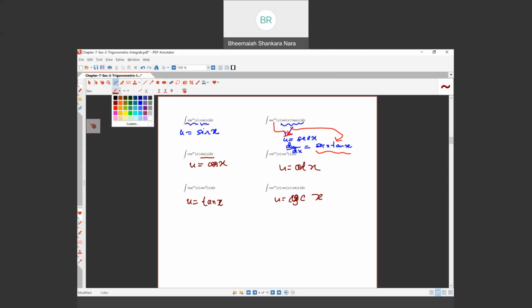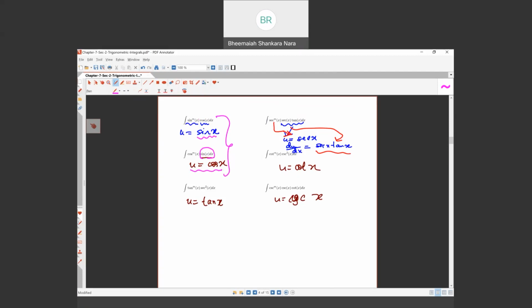There is some similarity in the substitutions. If you carefully observe sine to the exponent m times cosine x, and cosine to the m times sine x dx, these two are similar. So when you have a cosine x dx in the integral, your substitution will be sine. Whereas when you have a sine x dx in the integration, your substitution will be cosine. Because whatever you assume, when you differentiate, you will get this dx term and the derivative back in your integrand.